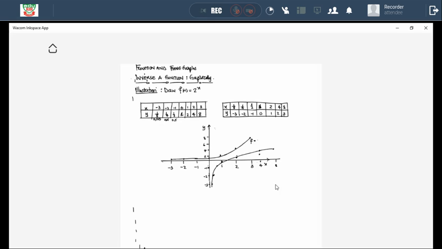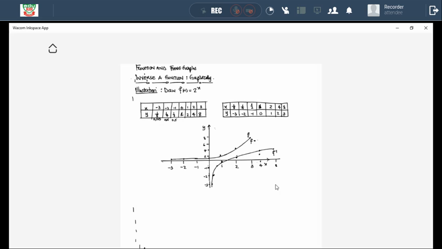Right. With that, I'm going to come up with my generalization. Let me come to labeling. This is going to be the inverse graph. This is the original function f.